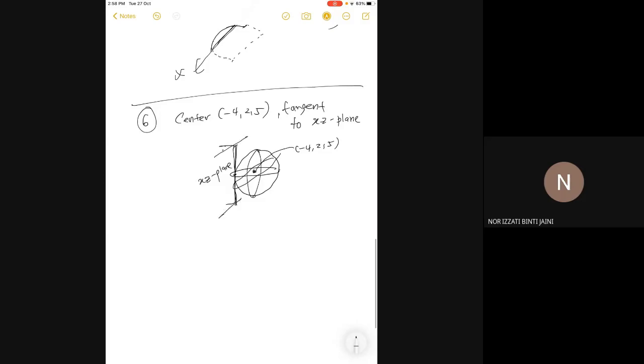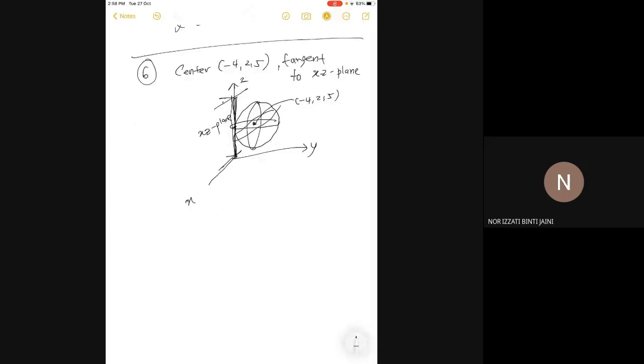Katalah sini Z, sini X, sini Y. So dia menyentuh kat sini betul-betul pada exact plane. Bukan pada paksi Z tapi pada exact plane. You can say that it's intersect, okay? At one point only, not the whole exact plane but at one point on the exact plane.